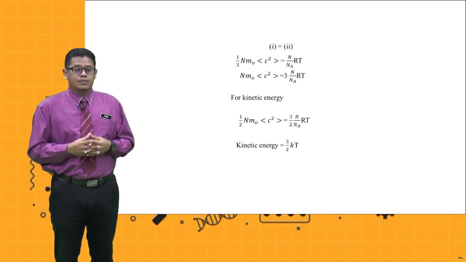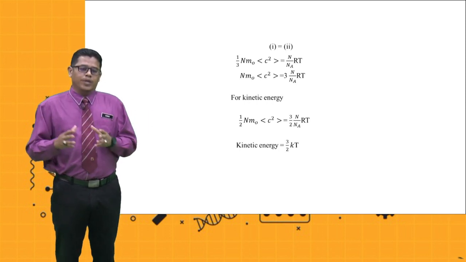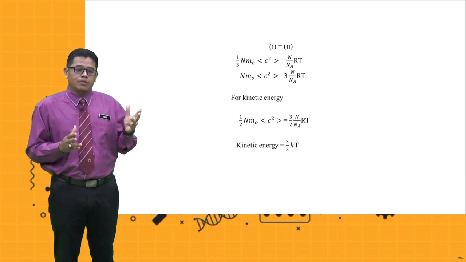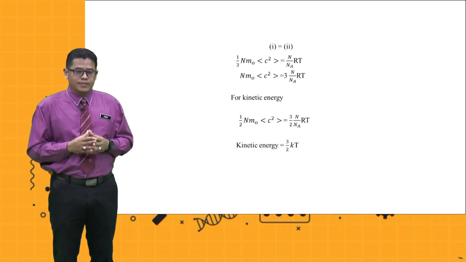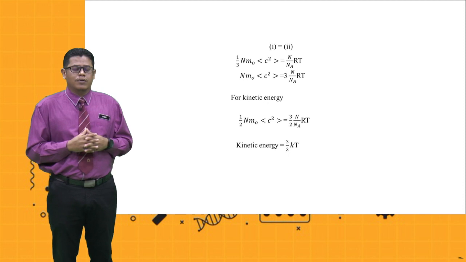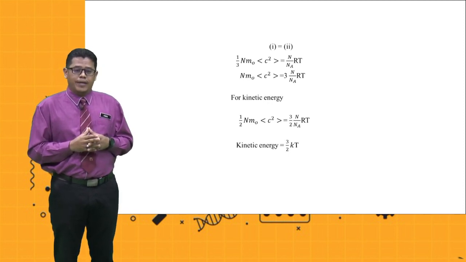Mathematically, equation 1 equals equation 2. So 1 over 3 N m naught mean c square equals N over N_A RT. And then we rearrange: N m naught mean c square equals 3N over N_A RT.